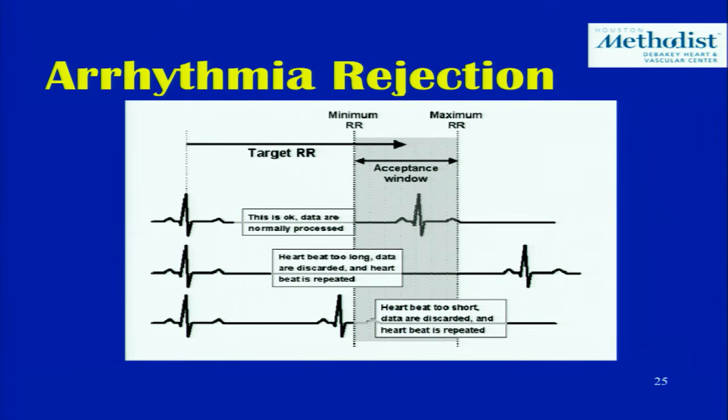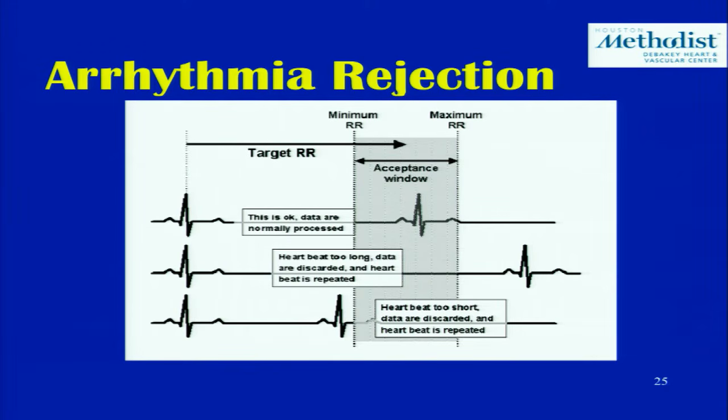One is this thing called arrhythmia rejection. This works great if you have occasional PVCs especially, where I know that when they have normal RR intervals, it's let's say 800 milliseconds. Then there's a PVC that falls early. But what I can do is tell the scanner, discard any data that falls outside of a certain window.